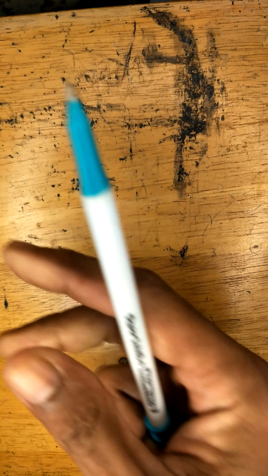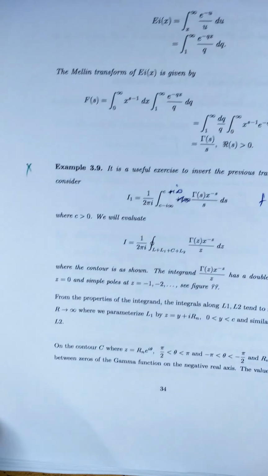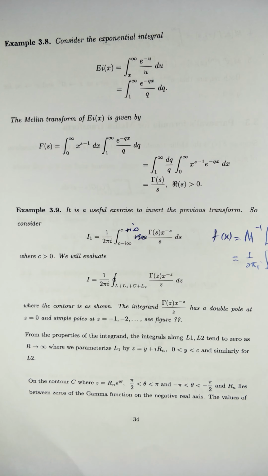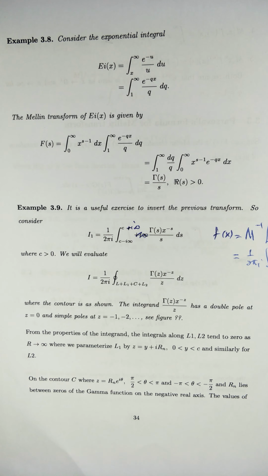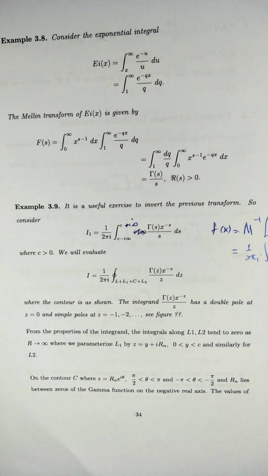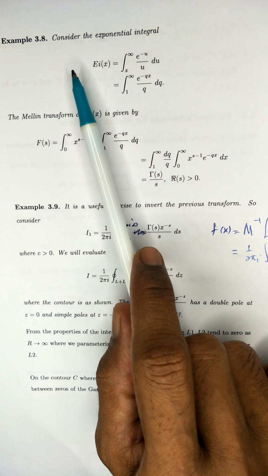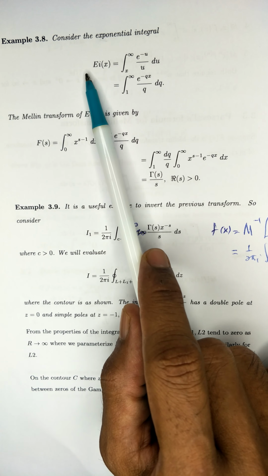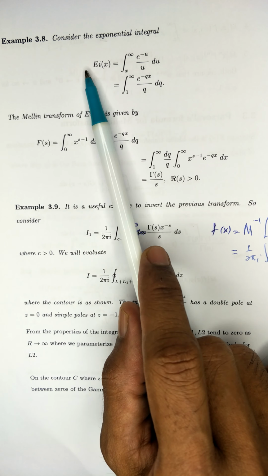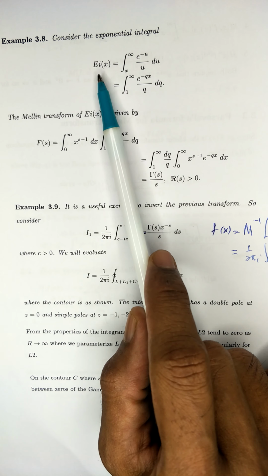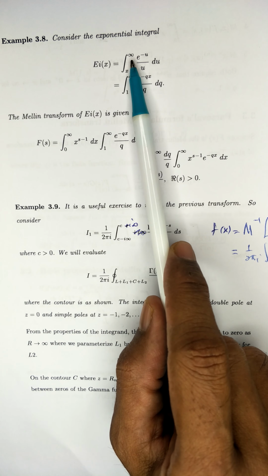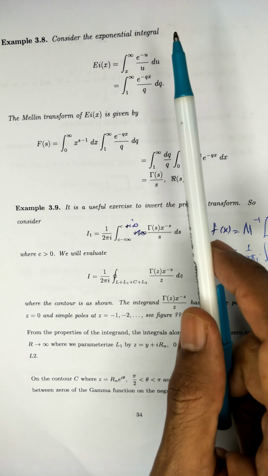Okay, now as promised, in this video I'll give you examples. Maybe some of them I will skip because I think they are too hard to follow. Example number 1 is pretty simple to do. Let's consider the exponential integral Ei, integrated from x to infinity.